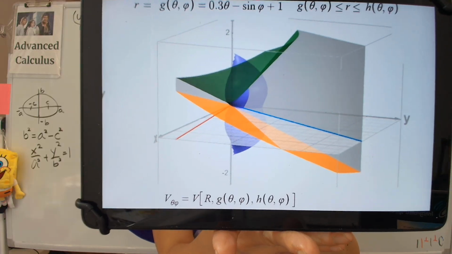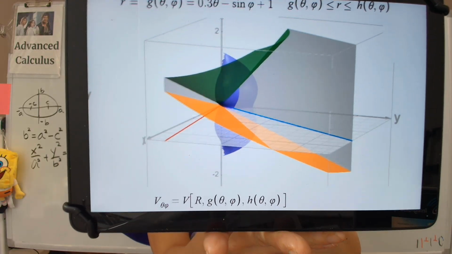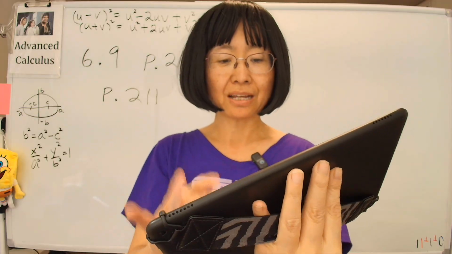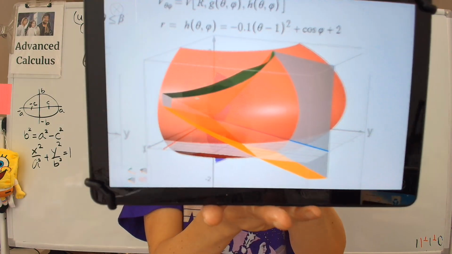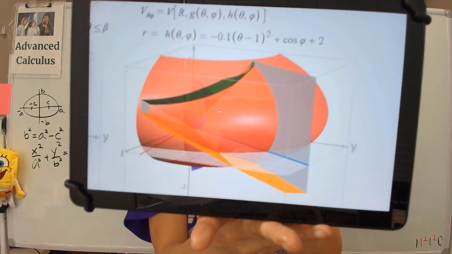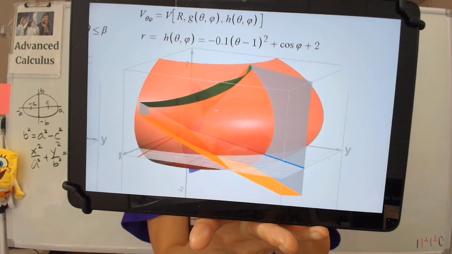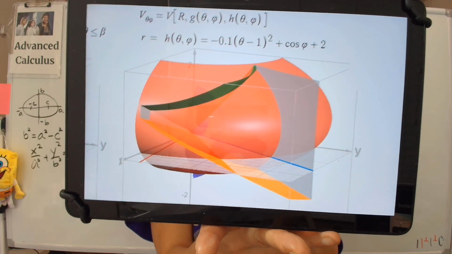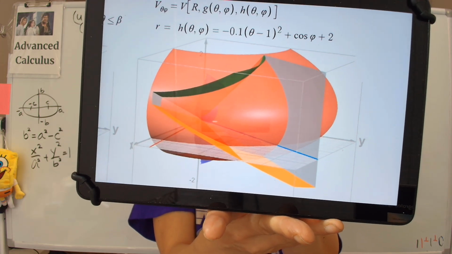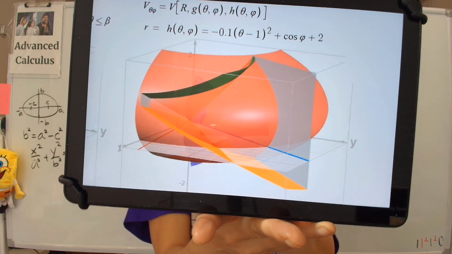The little bit that's blue that you see next to orange is the only bit that we care about. The rest is just extra. And the orange, it should be red, but somehow the camera is showing it as orange, which is fine. That is only the part that's inside the region R that matters. The rest is just extra.